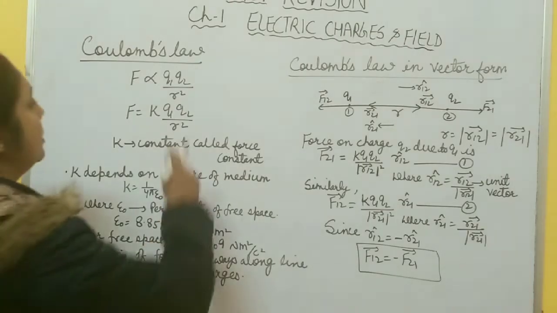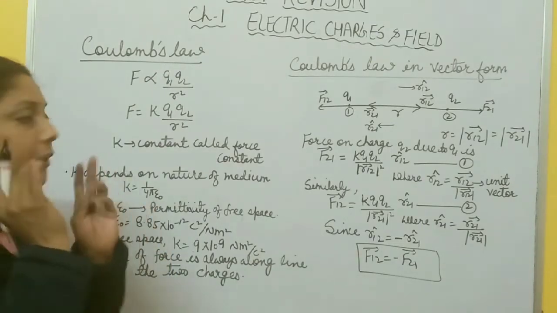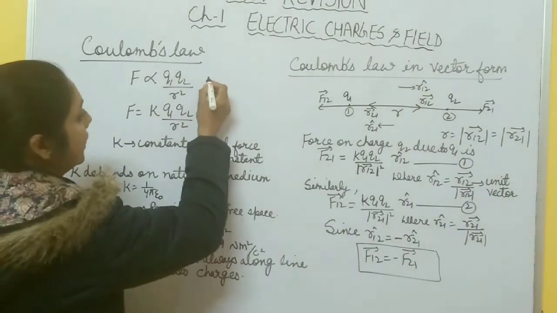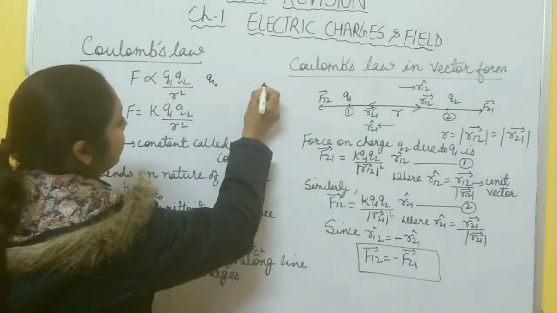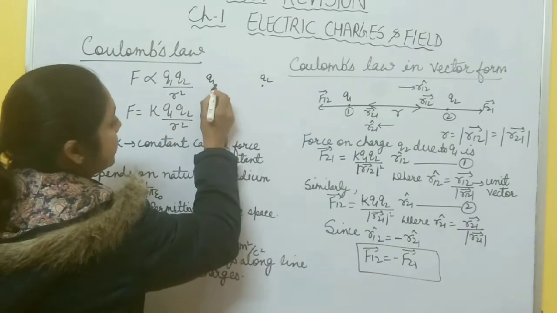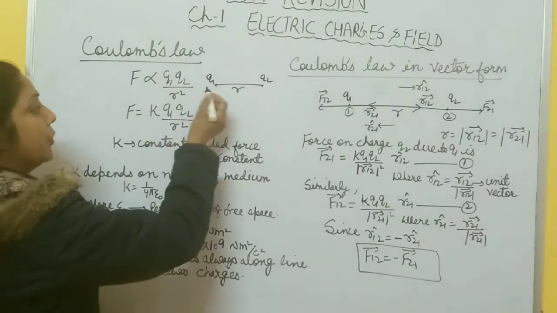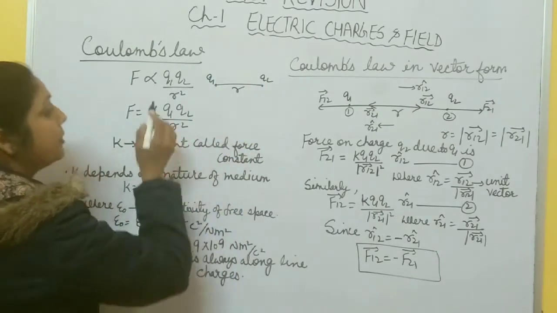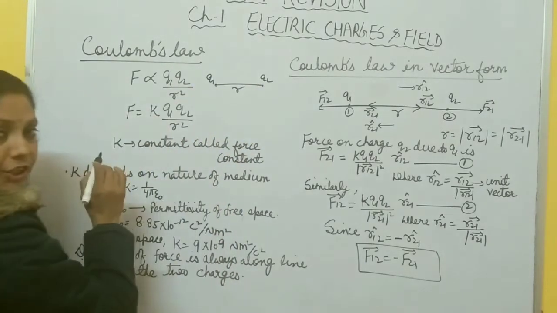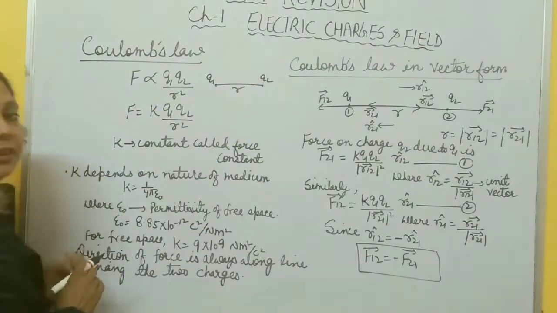Now, Coulomb's law. According to this law, the force between any two charged bodies, suppose there are two point charges, this one is Q1 and another one is Q2, and the distance between the two charges is suppose R. So the force between any two point charges is directly proportional to the product of the charges and inversely proportional to the square of the distance between the two charges.